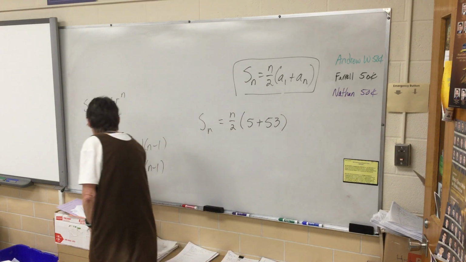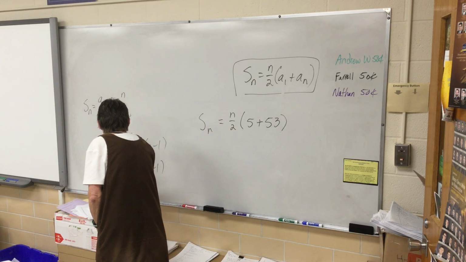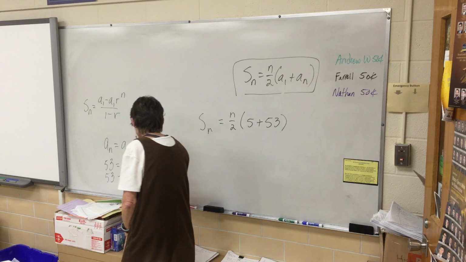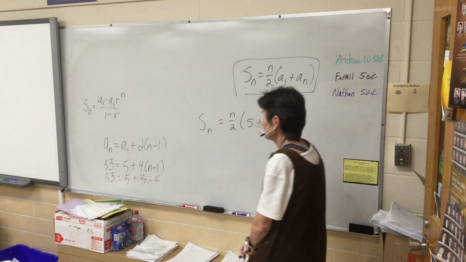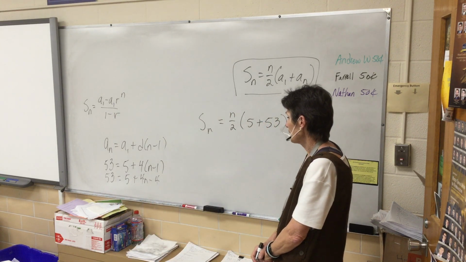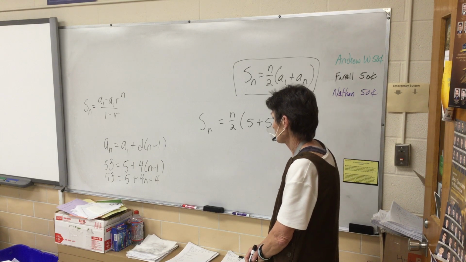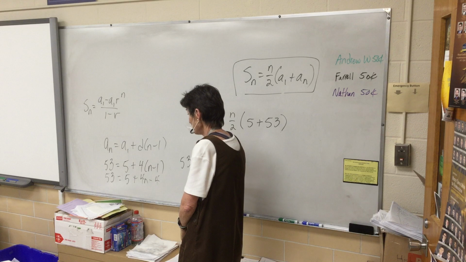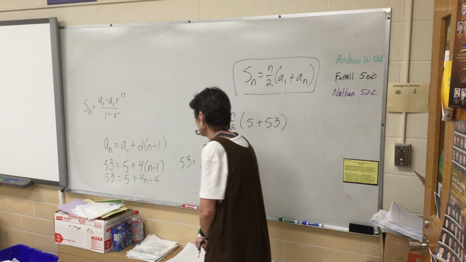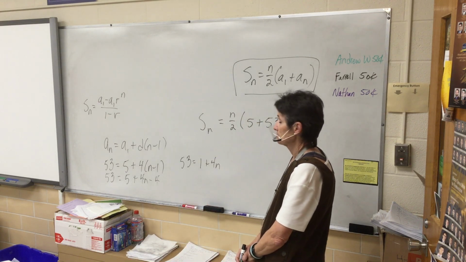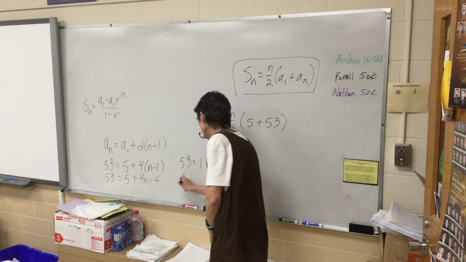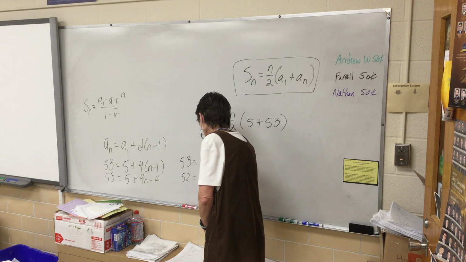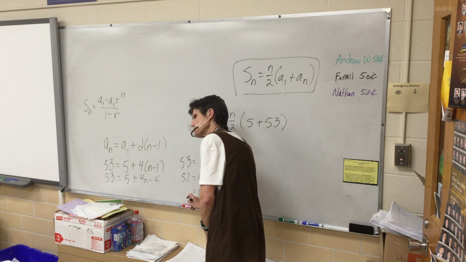So 53 equals 5 plus 4n minus 4. So 53 equals 1 plus 4n. And then subtract the 1. So 52 equals 4n, and divide, so n equals 13.